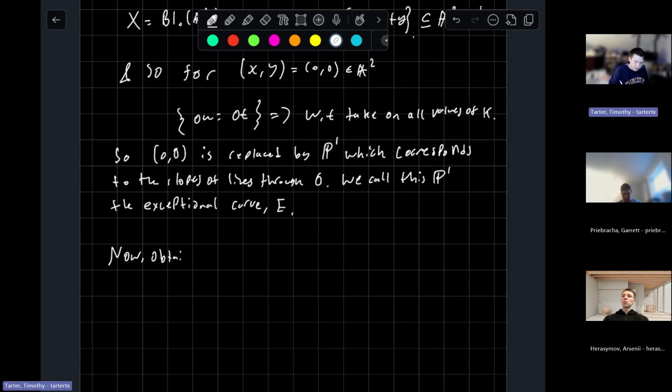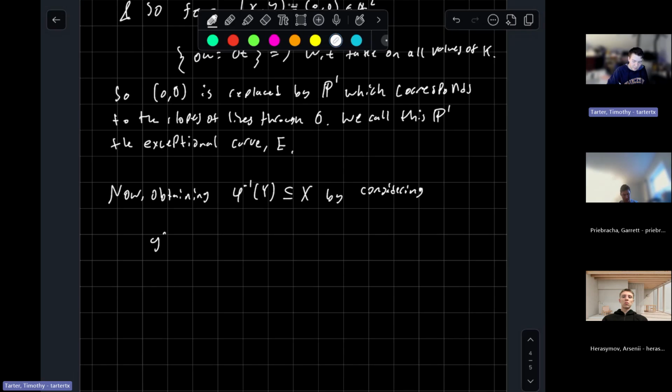Now, obtaining phi inverse of y in x by considering y squared is equal to x squared times x plus 1 and x equals 2y.